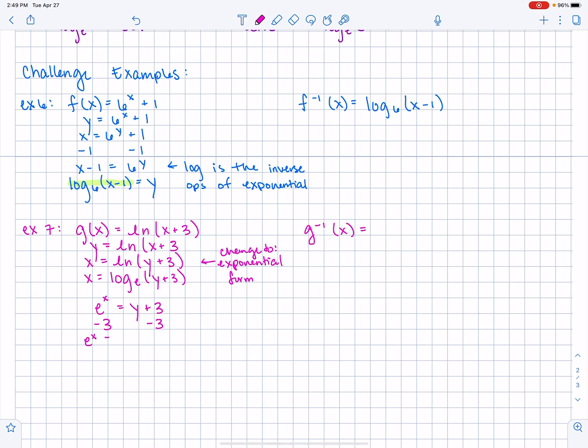So we get e to the power of x minus 3 is equal to y. And here we have it again, one more time, this is now our inverse function. And again, if you'd like to go ahead and throw this on a graph, you might get some aha moments, so go for it. All right, ladies and gentlemen, I will see you very soon. Those are logarithms.